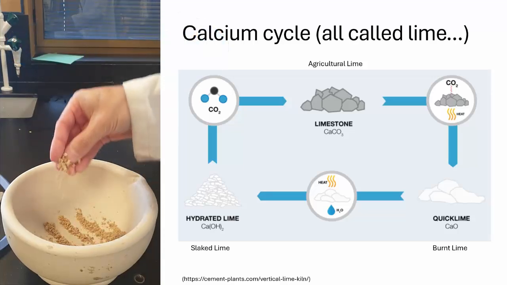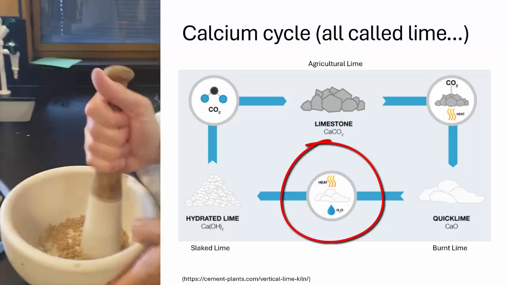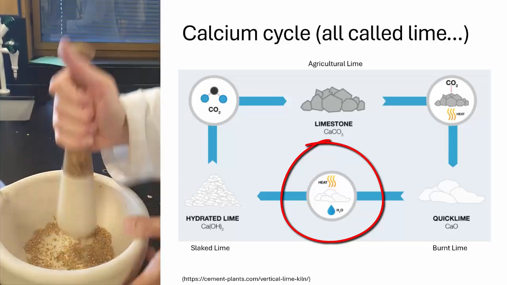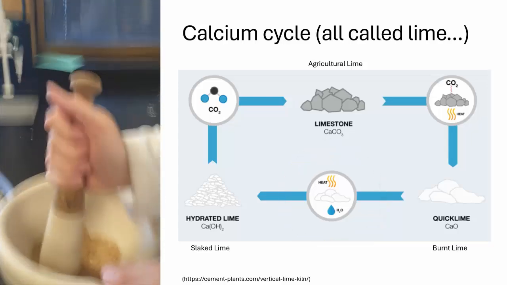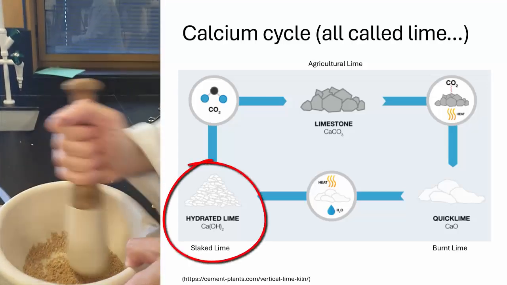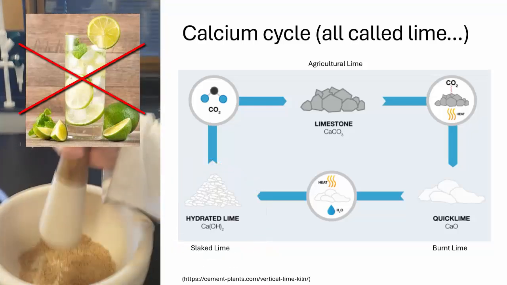Heat, it gets hot, and the water forms hydrogen bonding between the aggregate and the cement. But if you just put quicklime by itself in water, that is lime water. So hydrated lime, slaked lime, all other words for it.